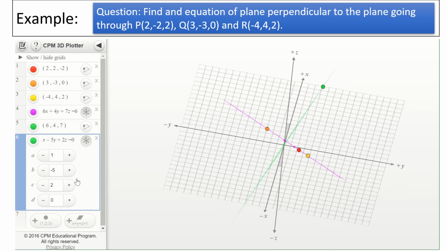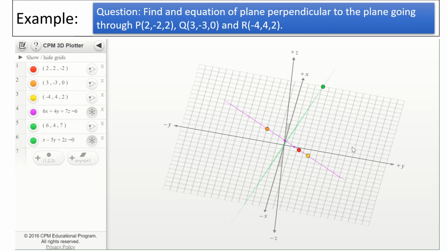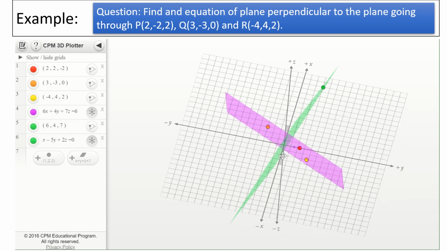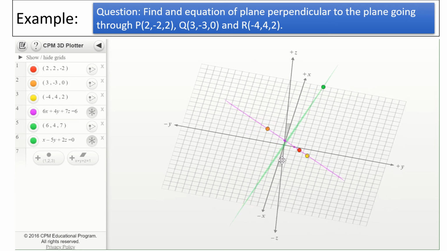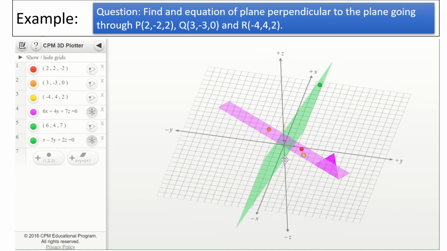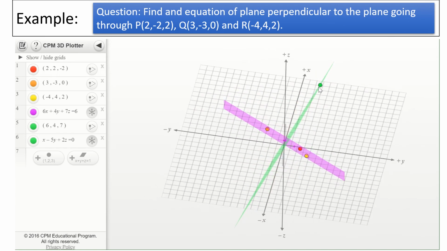On the left hand side here, you see I've put the values for the plane: 1x minus 5y plus 2z equals 0. From here I get this plane in green color. Here you see that the plane is in fact perpendicular to the original one, and this plane is going through the point here.